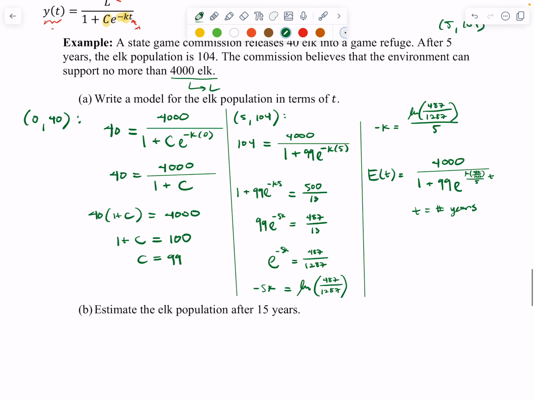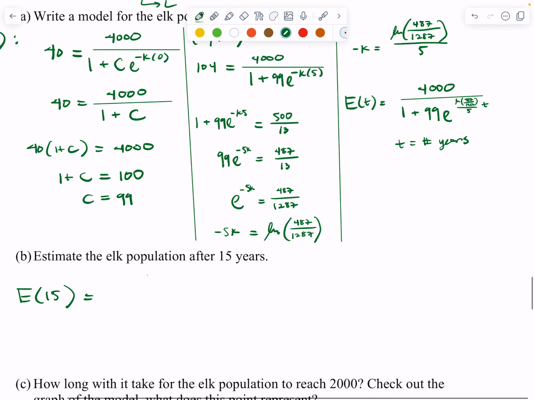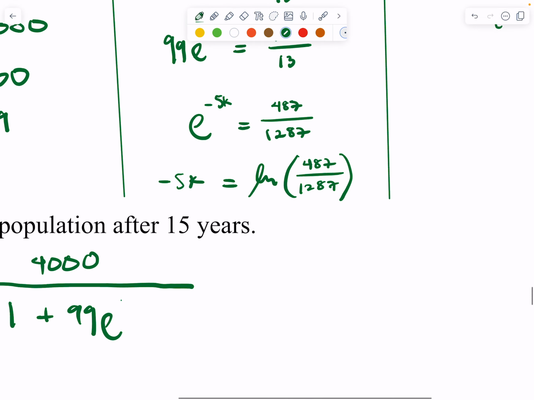So if we want to estimate the elk population after 15 years, we can think about plugging 15 into this model, like the exact value of that approximation would be 1 plus 99 times e to the ln of 487 over 1287 divided by 5 times 15.